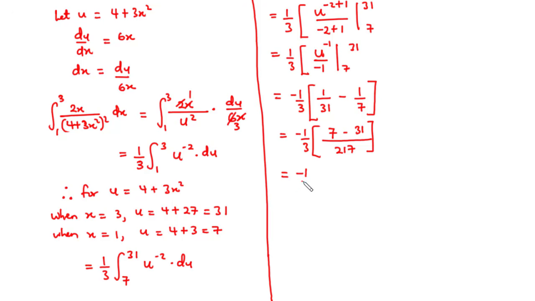So we have negative 1 over 3 times (7 minus 31), which is negative 24. So 3 goes here once, 3 goes here 8 times. We have negative 1 times negative 8. That becomes 8. So we have our final answer to be 8 divided by 217. Now let's move on to our third example.